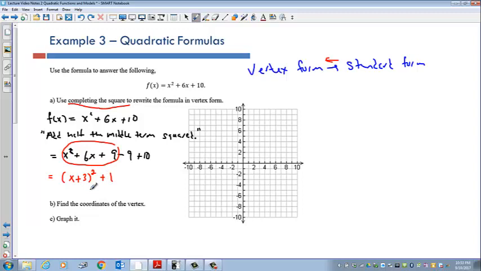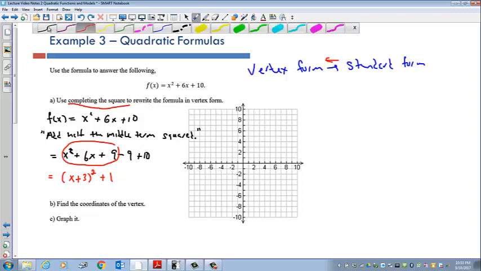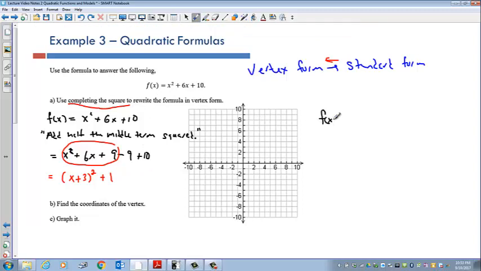And so now we can actually read off the vertex here. Remember the formula, which again, you don't have to memorize, but it's nice to know: f of x equals some number a times, left parenthesis, x minus h, quantity squared, plus k. And so from this, we can read off our h and k.